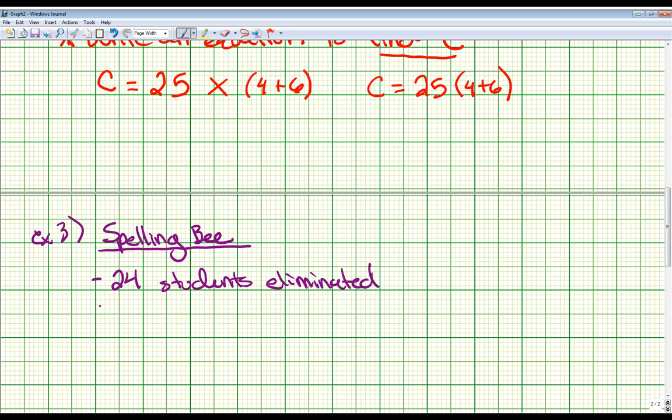Then it also tells us that 96 students remain. And they want us to write an equation for how many students started.